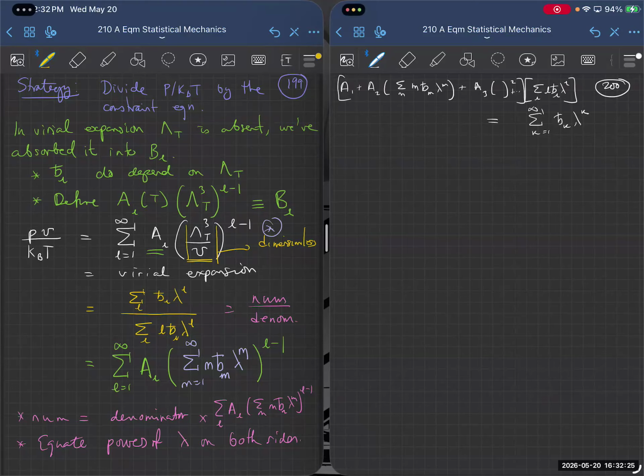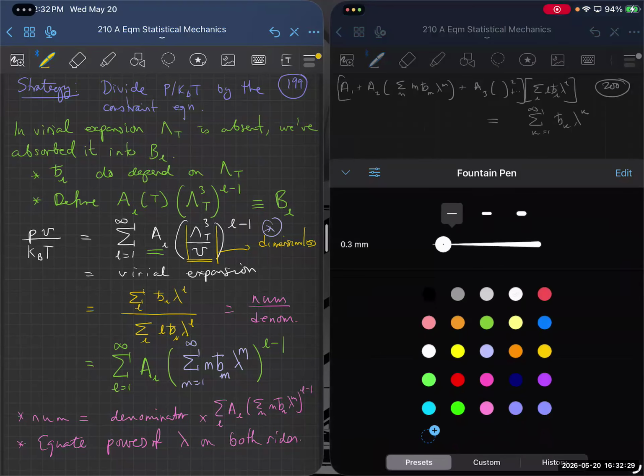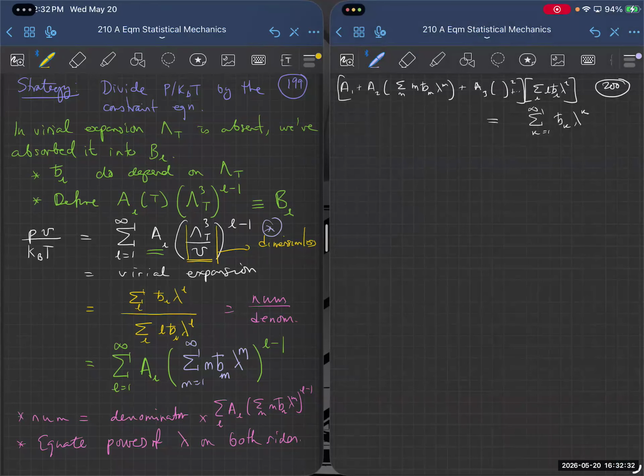Okay, so that's what it is. And I have to equate terms of equal powers of lambda. And if you do that, here's what you get.